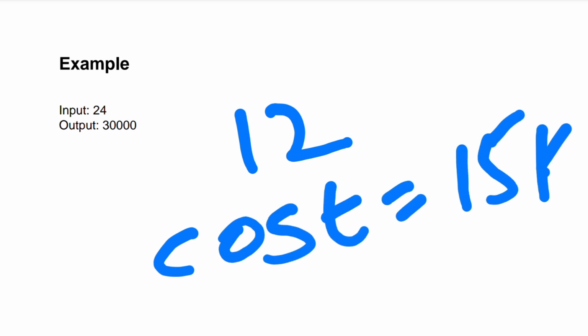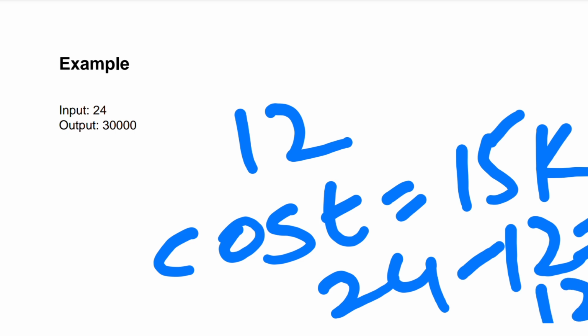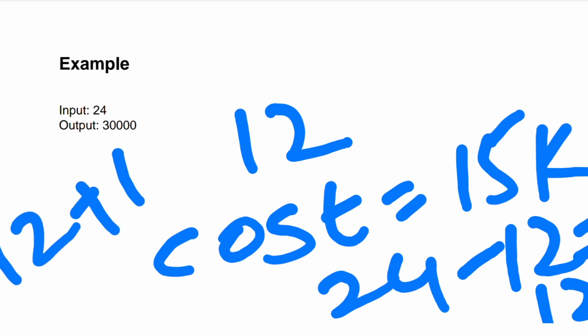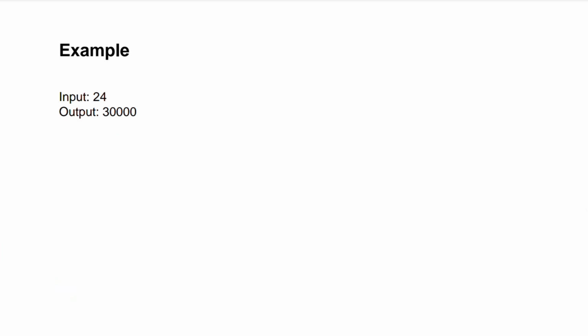Cost is 15k plus 15k, 30k. 24 minus 12, 12 months remain. And again 15k. 15 plus 15, 30k.